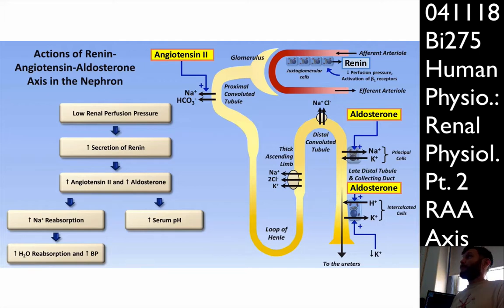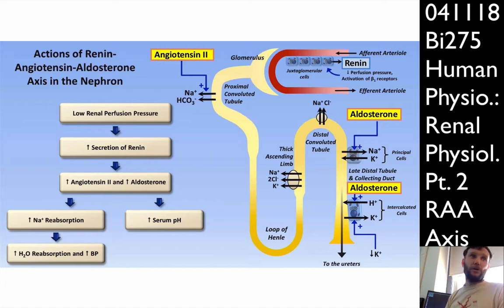The first part of the nephron after the glomerulus is the proximal convoluted tubule. Angiotensin II leads to the resorption of sodium, and to keep charge balance, it also absorbs bicarbonate at the proximal convoluted tubule. So there's no net charge difference. It's simply a change in osmolarity of the tubular fluid and a resorption of sodium. We're going to see how this works in a few slides.